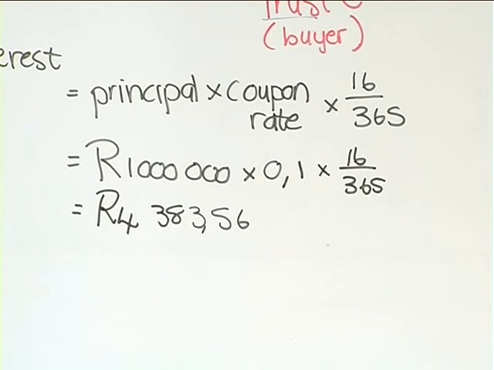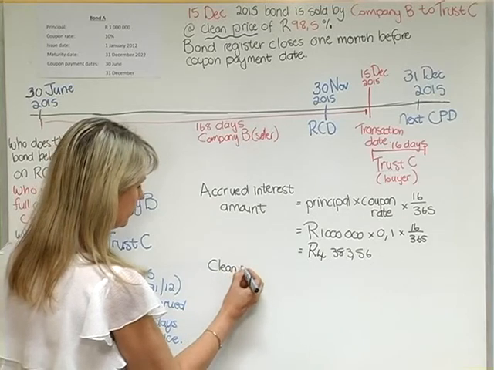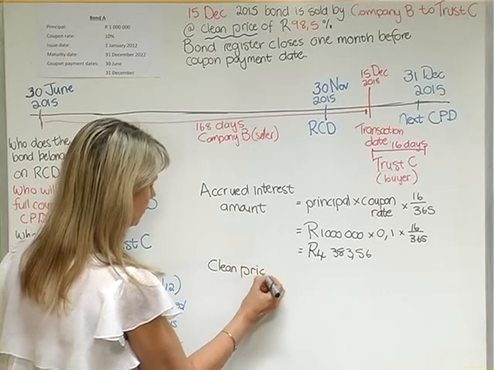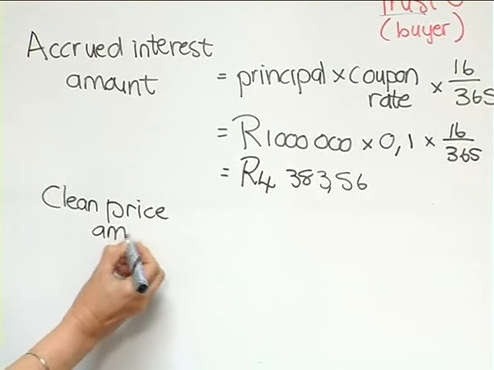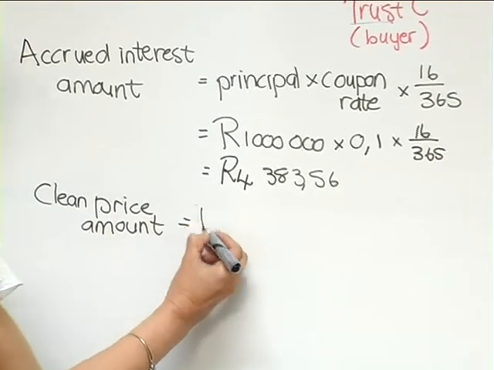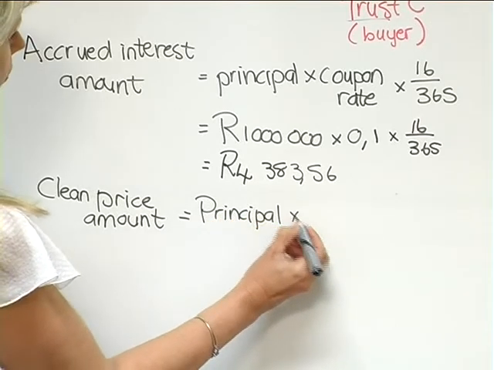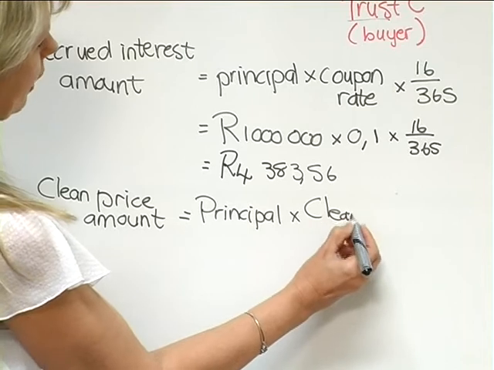Right, to calculate the clean price amount, we're going to take the principal and multiply it by the clean price.